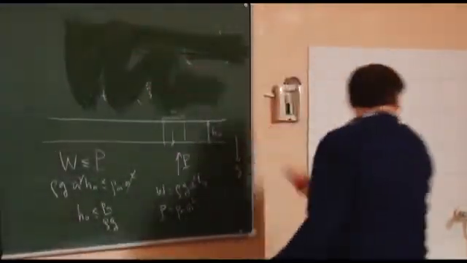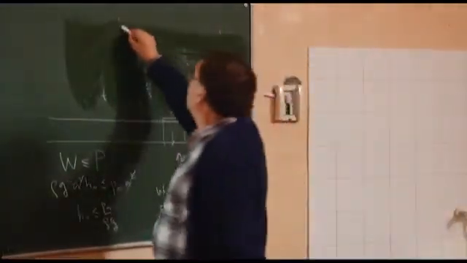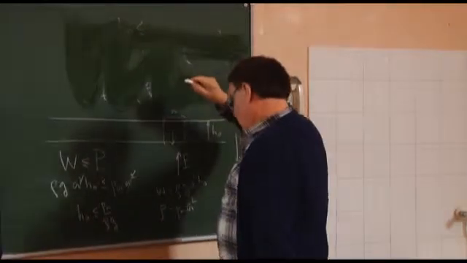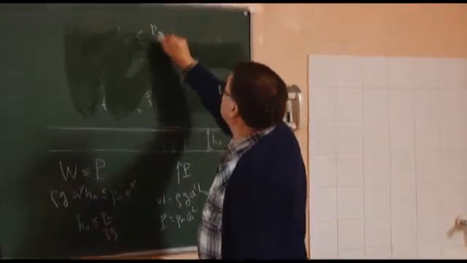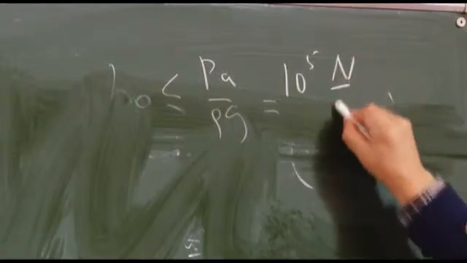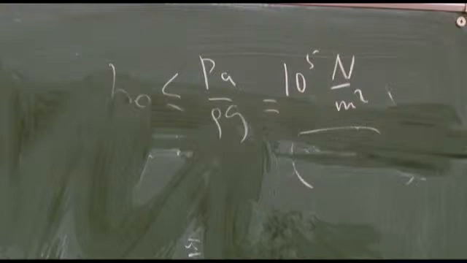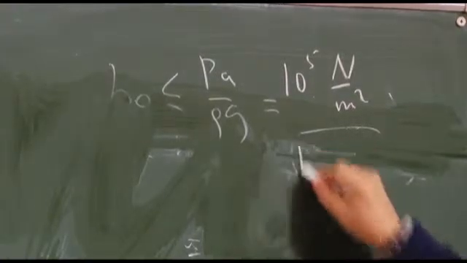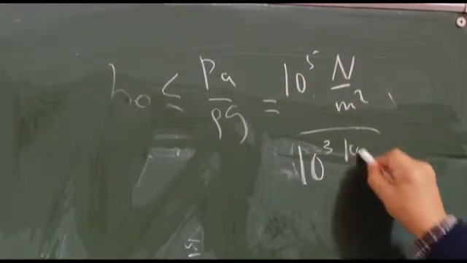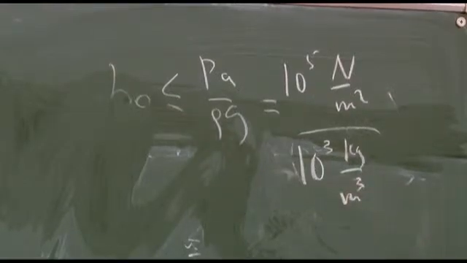Okay, so let's make a hardcore computation here to find how much H0 should be. H0 should be smaller or equal to PA divided by rho G. How much is PA? 1 atmosphere, how much is that? It's 10 to the 5th, in Newton over meter squared, something like this. Rho, let's take water. How much is rho for water? 10 to the 3rd kilogram over meter cubed, right?